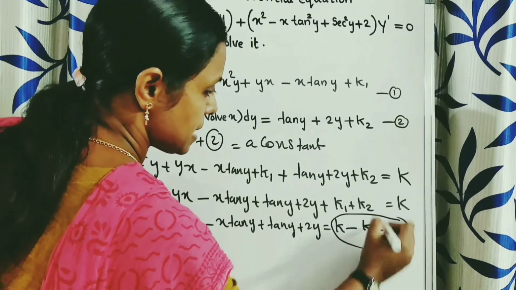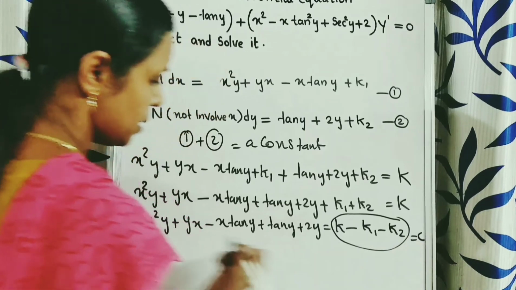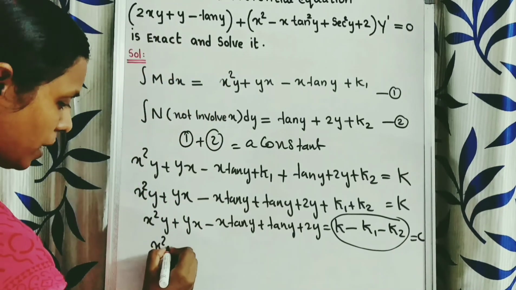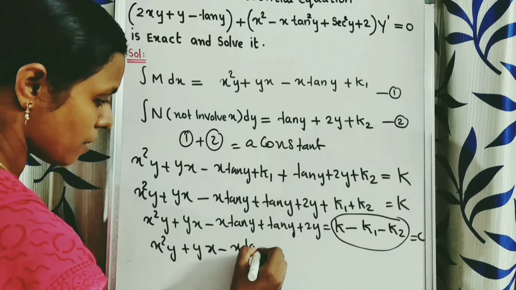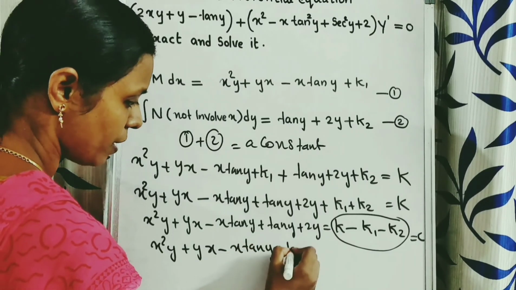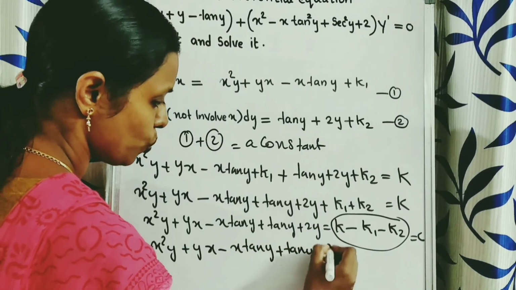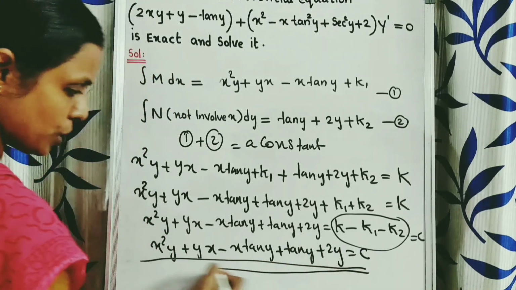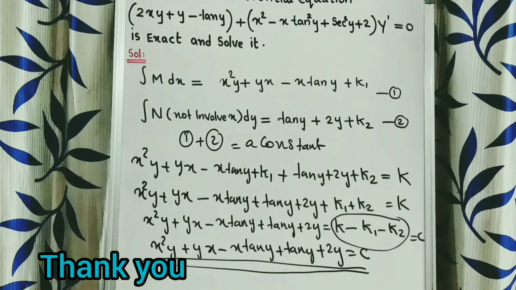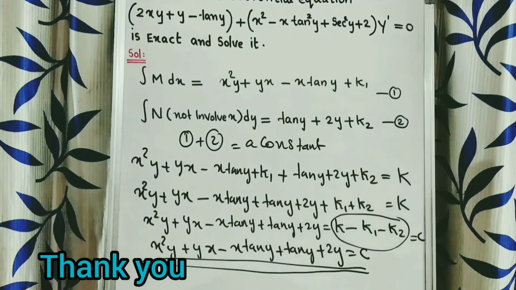Putting it as another constant c. Now we get x square y plus yx minus x tan y plus tan y plus 2y equal to c. This is the required solution of the given differential equation. Clear?